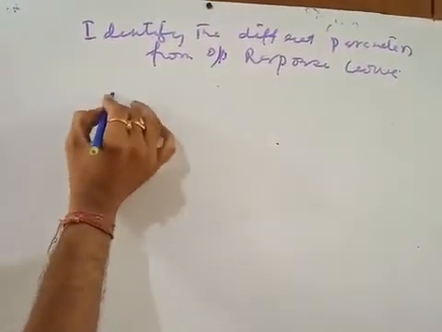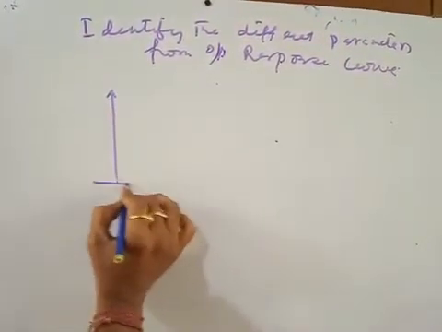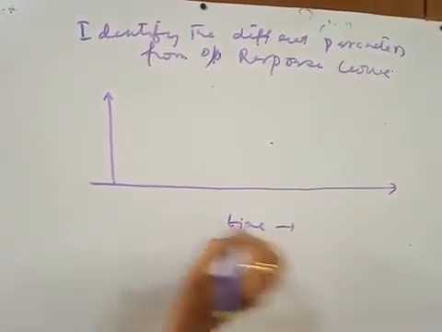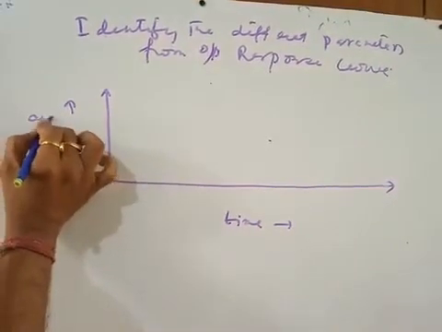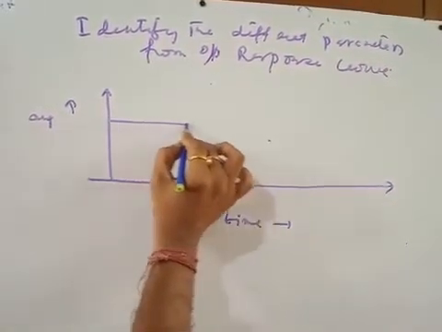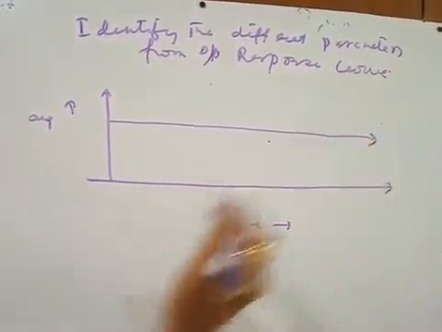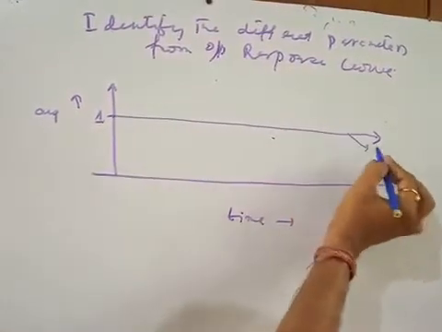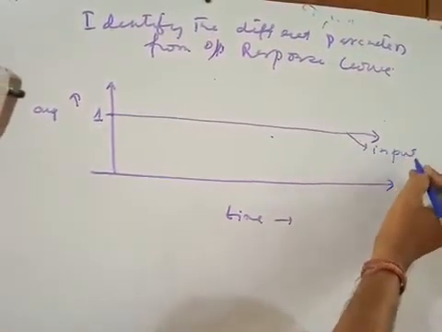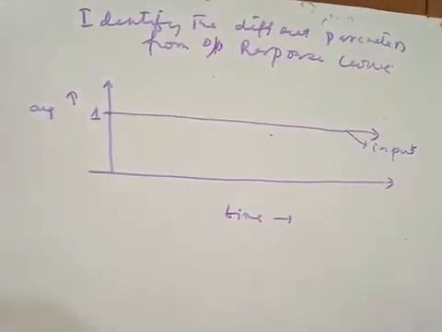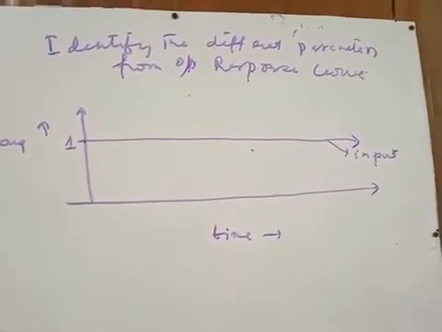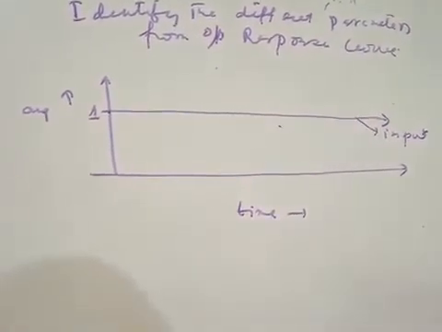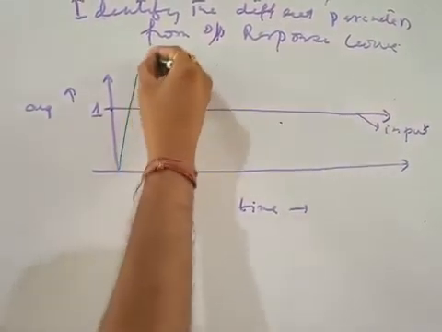So let me redraw the output response curve. This is your time axis, this is your amplitude axis. Now we are applying this unit step signal, so definitely this curve is the input. Now I am giving an example of a second order system. For a second order system, the response characteristic curve is like this.